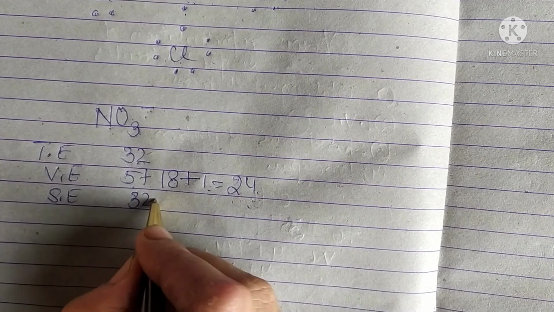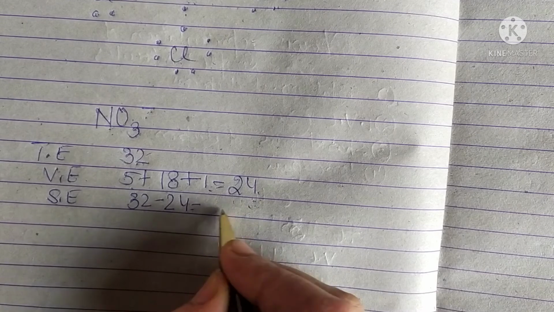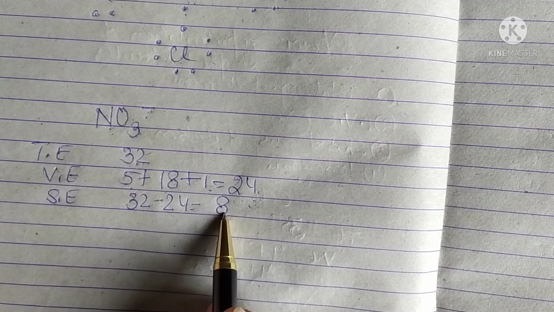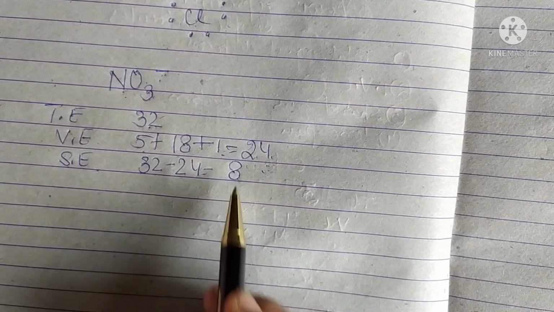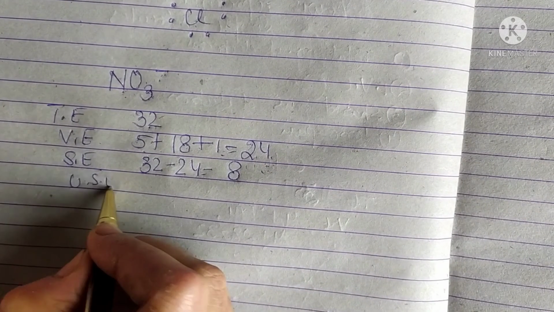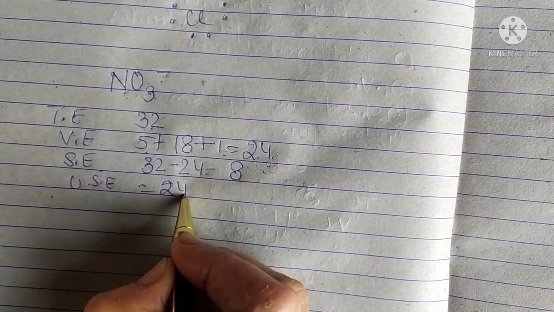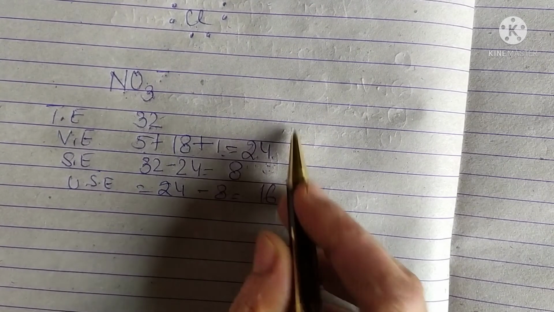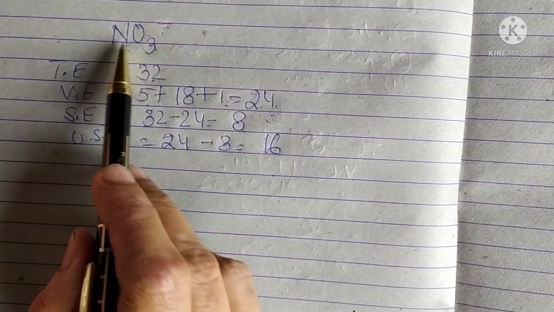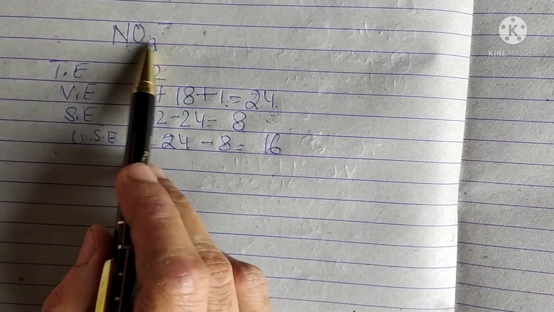So 32 minus 24 gives us 8. These 8 electrons are the shared electrons, and out of 24, 8 are shared. So unshared electrons will be 24 minus 8, which is 16. Now let us try to find out which of these 2 atoms is electropositive.